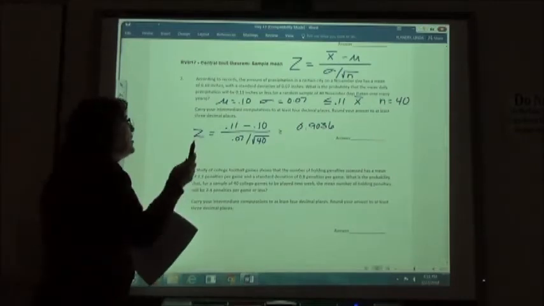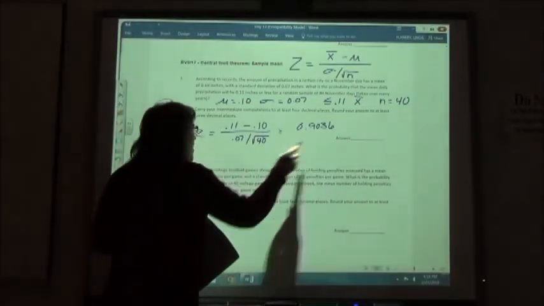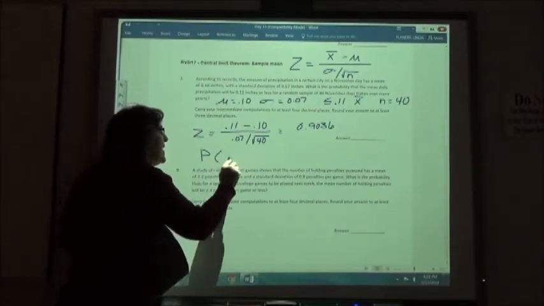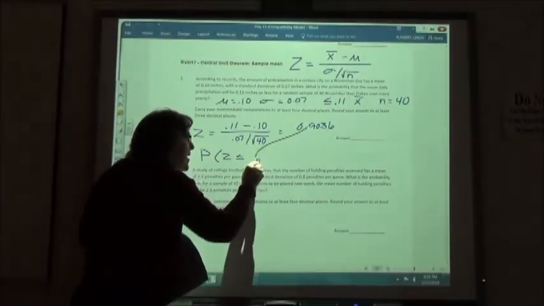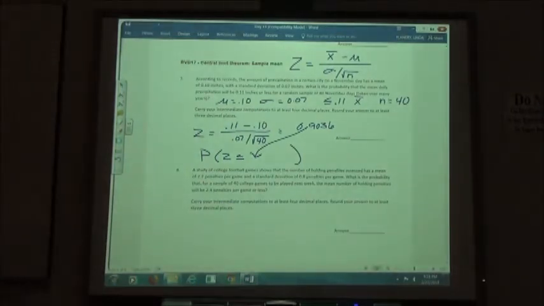So now, leave that number on your calculator, and then we don't have to round it off. And just type in, when it's highlighted, the P of Z is less than or equal to. Yes, then it sticks that number in there for you. That's why I didn't round it off. When you hit equal, we're going to round it off to 3 decimal places.